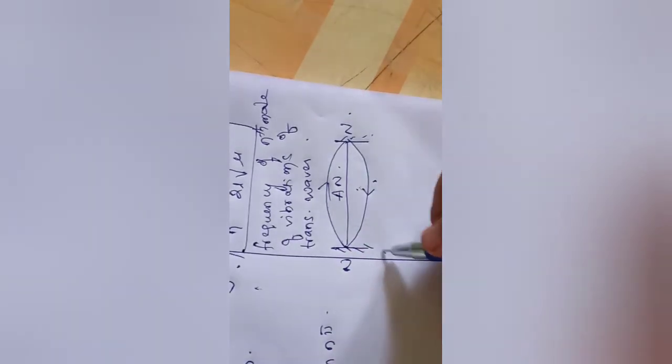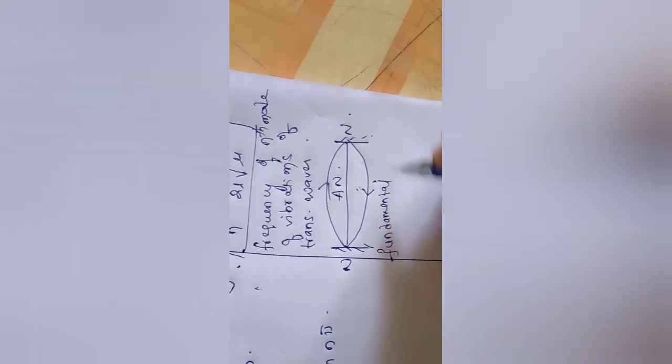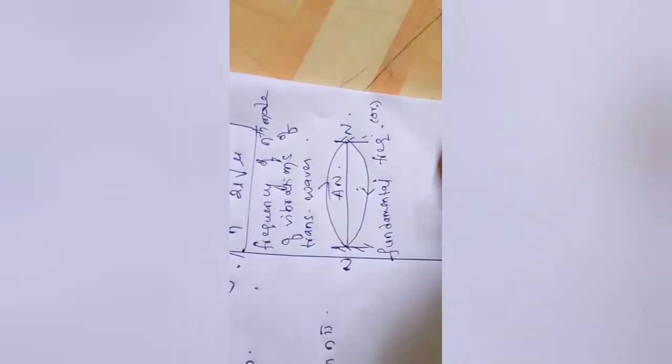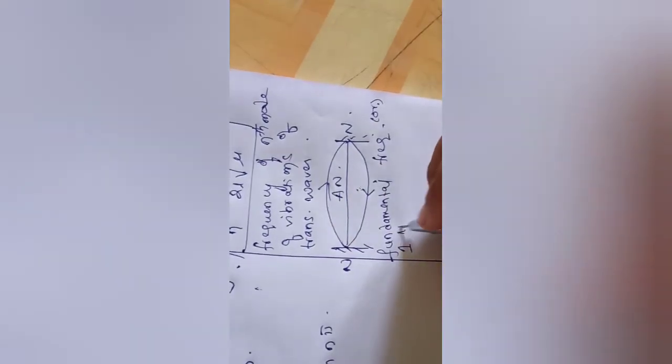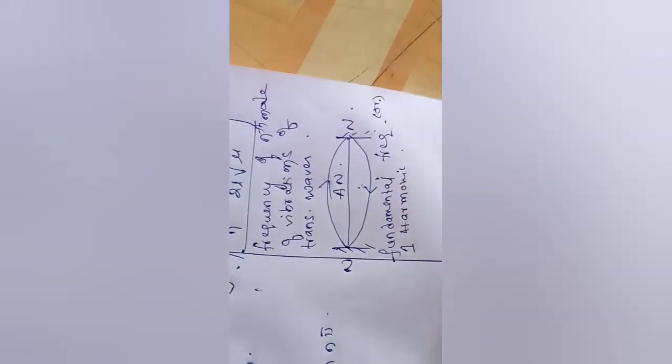This we call the fundamental frequency, or we can also call it the first harmonic, right? So for this n equal to 1, nu 1 becomes 1 by 2L under root T by mu.